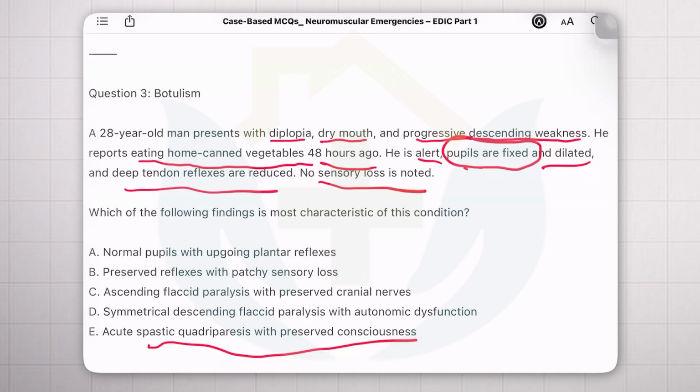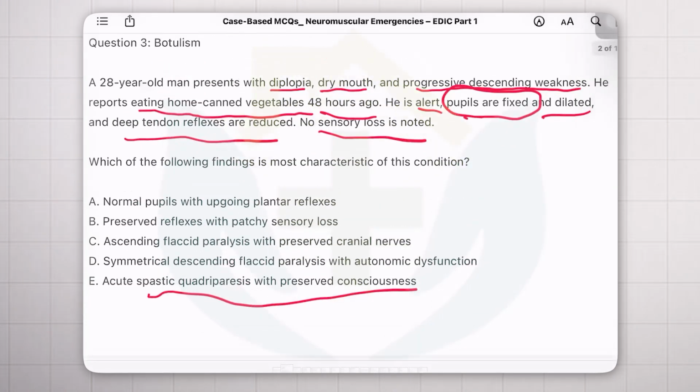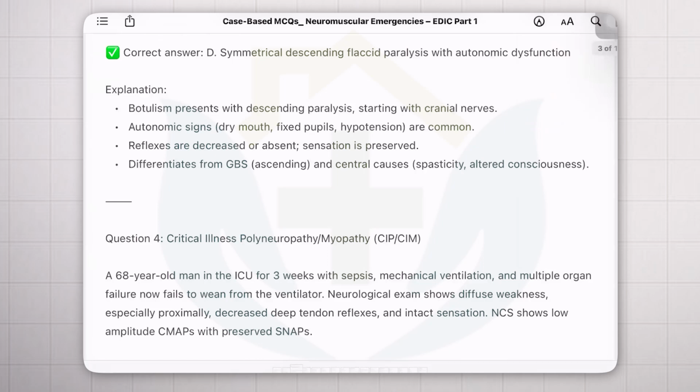Botulism is usually defined with this criteria, that the patient has descending paralysis starting with cranial nerves. So remember ophthalmoplegia, facial nerve loss, trigeminal loss. These are all present. Gag reflex will be gone.